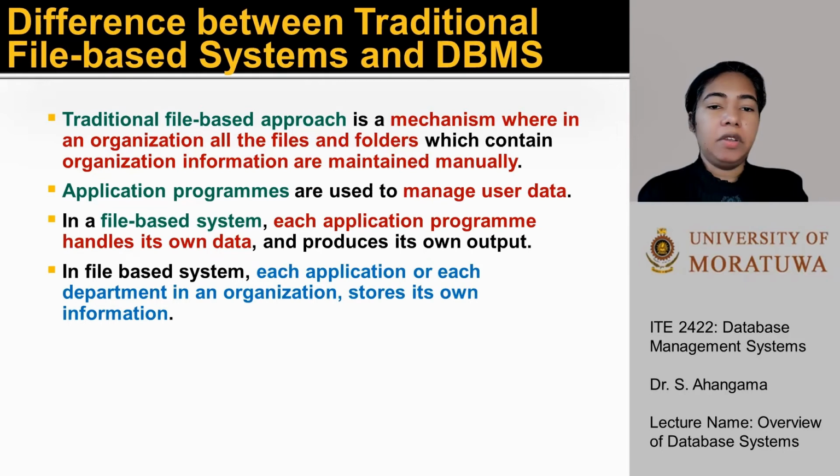Application programs are used to manage user data. In a file-based system, each application program handles its data and produces its output. Each application or each department in an organization stores its own information.